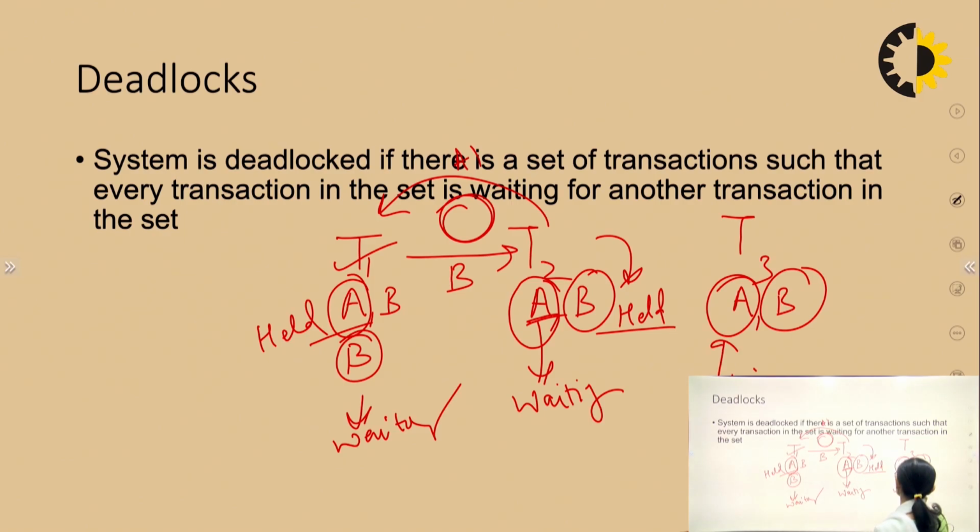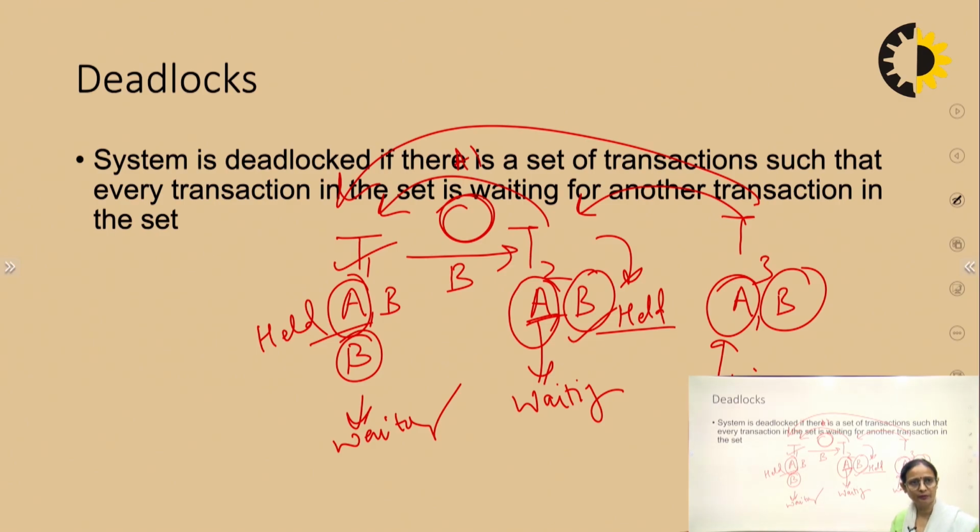T3 is waiting for T1. Similarly, T3 also wants to work on B, but B is currently locked by transaction T2. So T3 is waiting for T2.